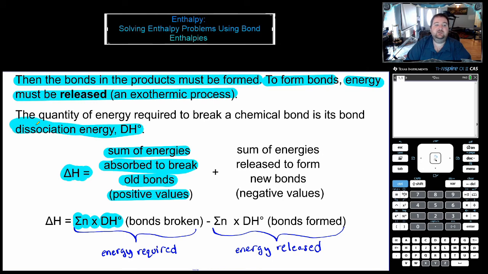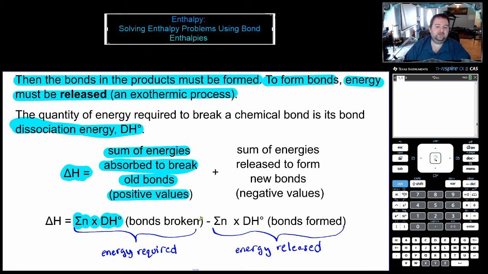DH is the dissociation energy. If a carbon-hydrogen bond has a dissociation energy of 314 kilojoules per mole, and in our reactants we're breaking 3 of them, then it would be 3 times 314. But most likely we're not just breaking CH bonds. There's probably a whole slew of other bonds that we're breaking.